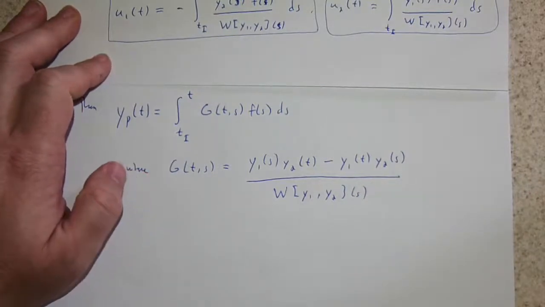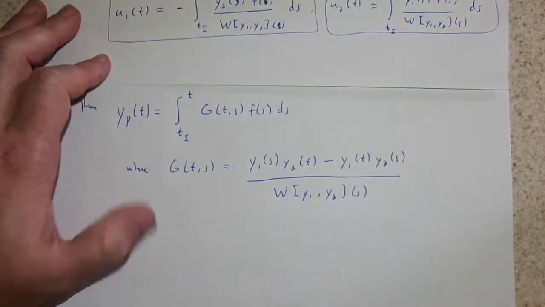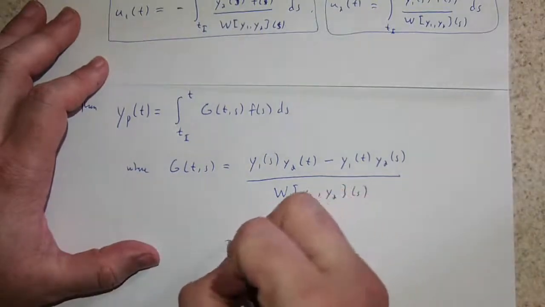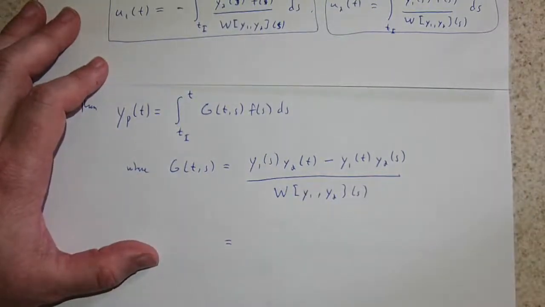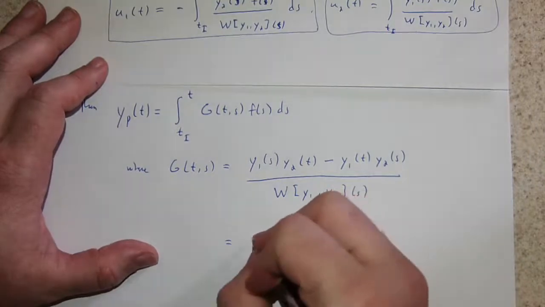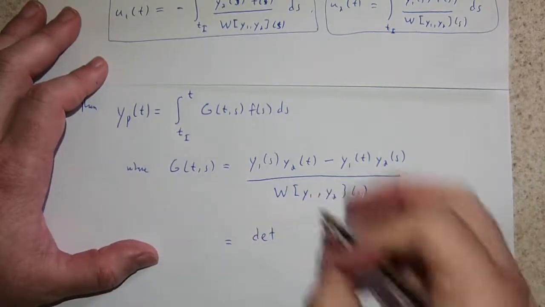A way of remembering this, and actually the way of seeing how this more easily generalizes, is to rewrite this as two determinants.